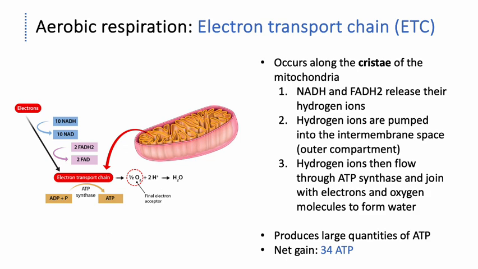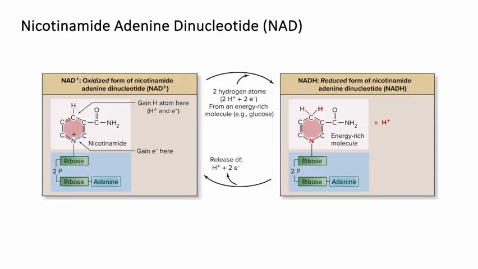To understand this, we need to first look at our electron carriers, those NADHs and FADH2s. Remember, the NADHs and the FADH2s are slightly different, but they're doing something very similar in the sense that they are carrying these electrons. This is NAD+, the oxidized form, and then NADH, the reduced form.